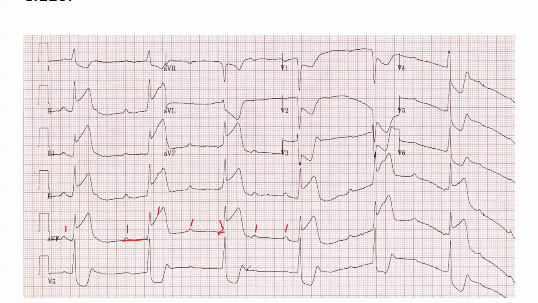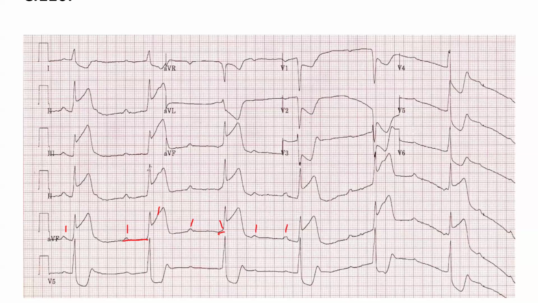That's a third degree AV block again, because the atrial rhythm is independent from the ventricular rhythm. The PR is not the same or is not correlated with the QRS complex, okay? And it is rhythmic. So that's a third degree with a junctional escape rhythm because the rate is very slow, around 40 if I calculate.